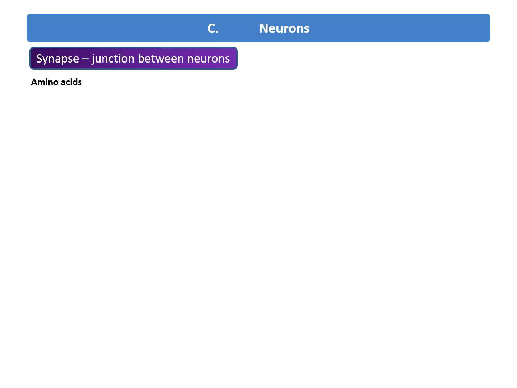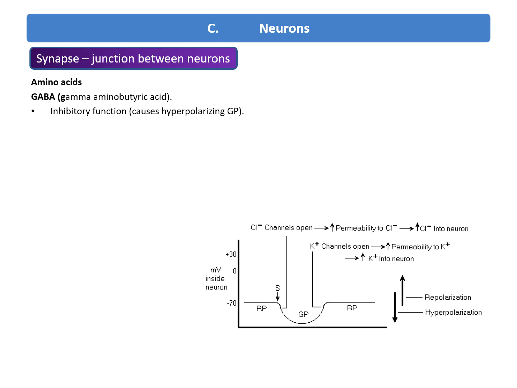Amino acids make up another broad class of synapses. A common one is called GABA, gamma-aminobutyric acid. It's an inhibitory synapse, that is, it causes a hyperpolarizing graded potential. It's located mainly in the basal ganglia, but widespread in the central nervous system.